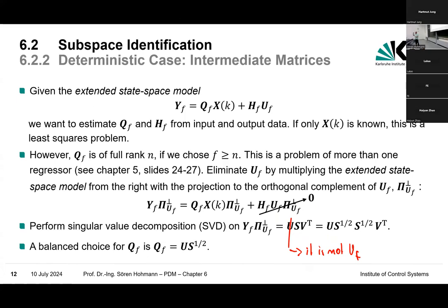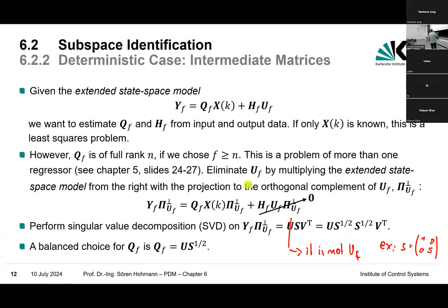You can also say, if it's on the main diagonal, we can split it into two halves and say it's U S to the power of a half, and S to the power of a half, which gives S, of course, V transpose. To make it explicit, these matrices S look like this. Example, S may look like 1, 5, and zeros here. So obviously you can decompose it into two square roots.